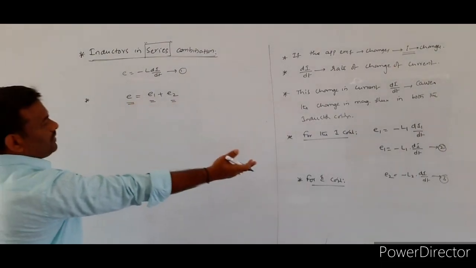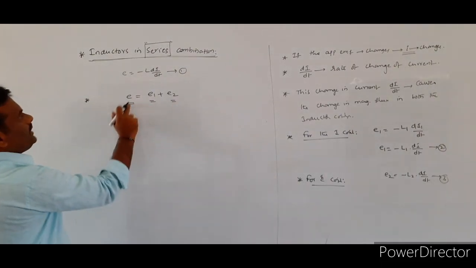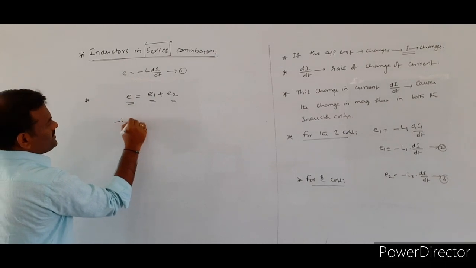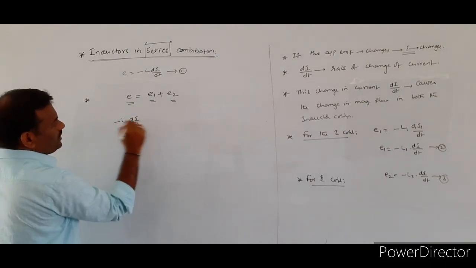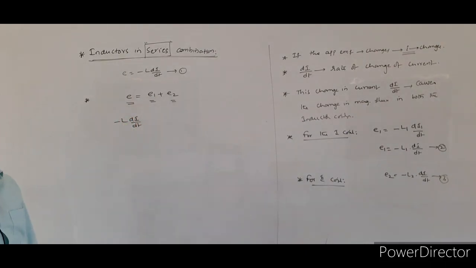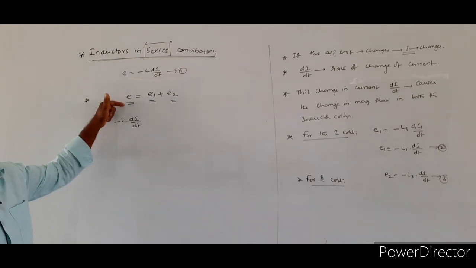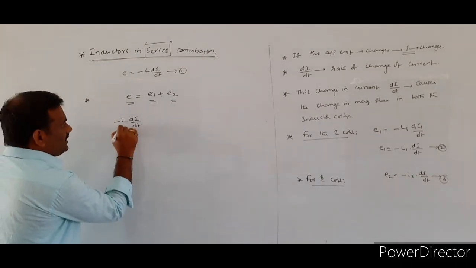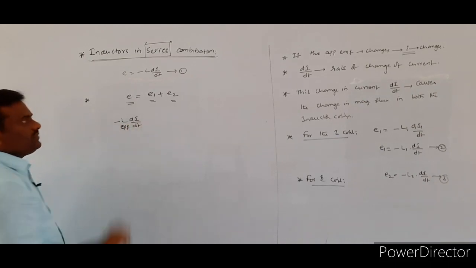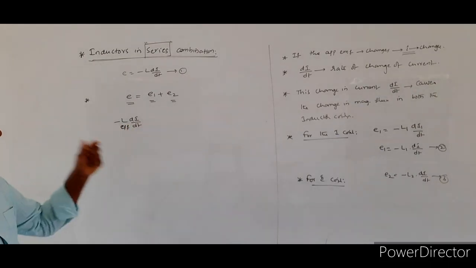Just substitute the values. E is equal to minus L into di by dt. This is the effective EMF, so I am placing L effective here. Effective EMF is equal to E1 plus E2.